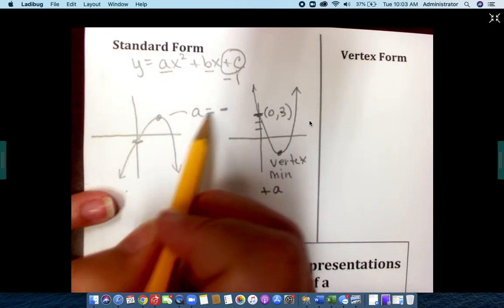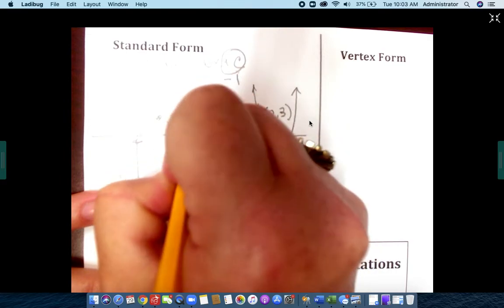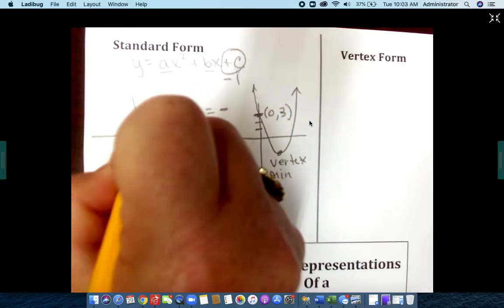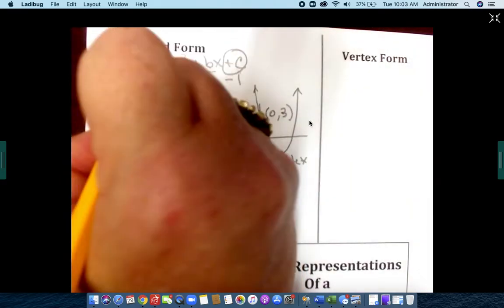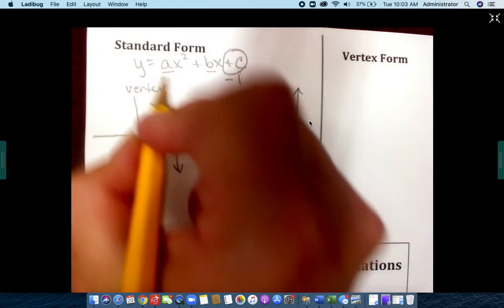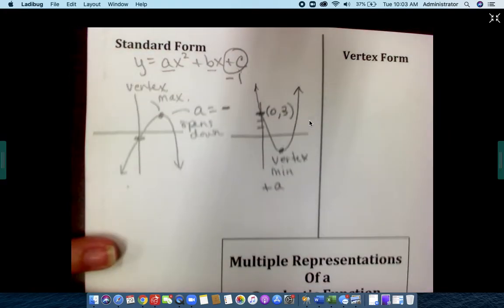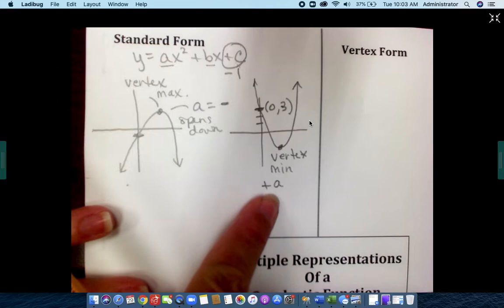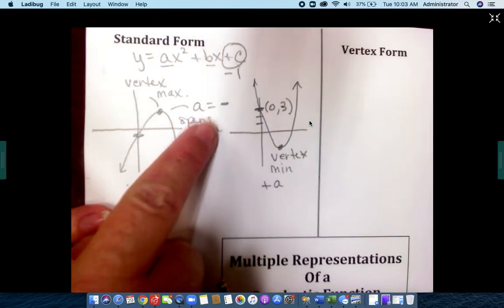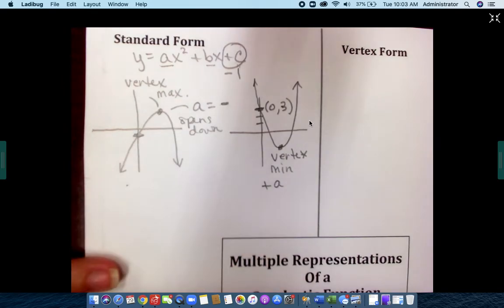If our a value, again, is negative, it's going to open down. And this vertex point, still vertex because it's the topmost point, will be a maximum. So that's what we mean by max versus a min. And that's important because in Delta Math, you'll have to look and go, oh, if my a value is negative, it's going to open down.